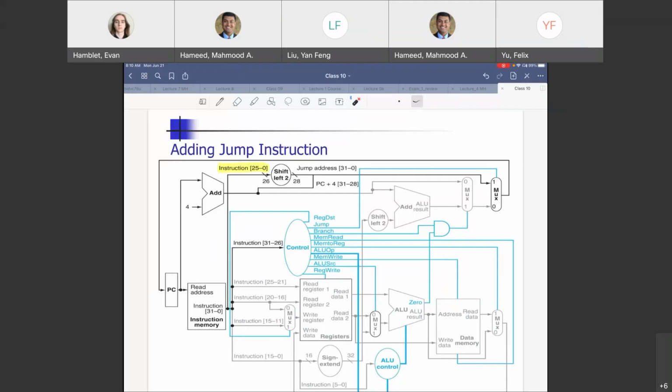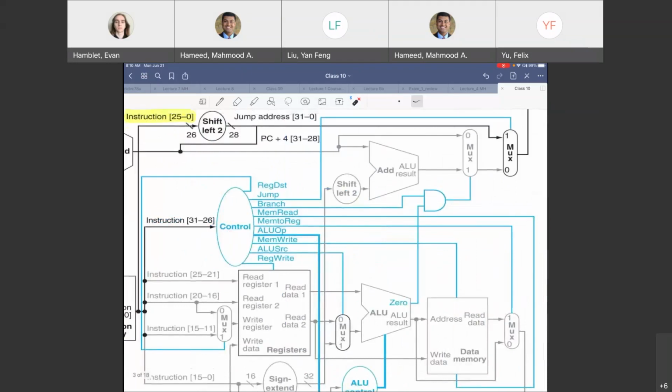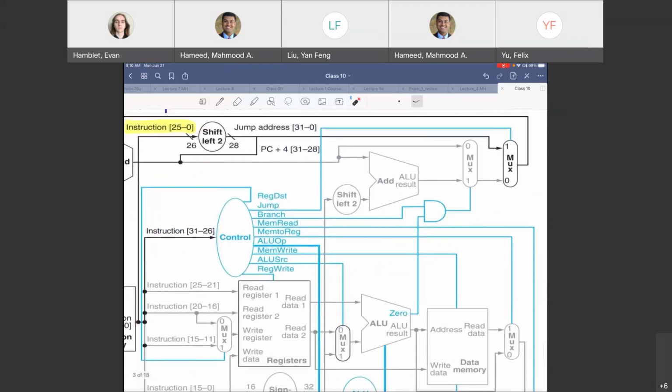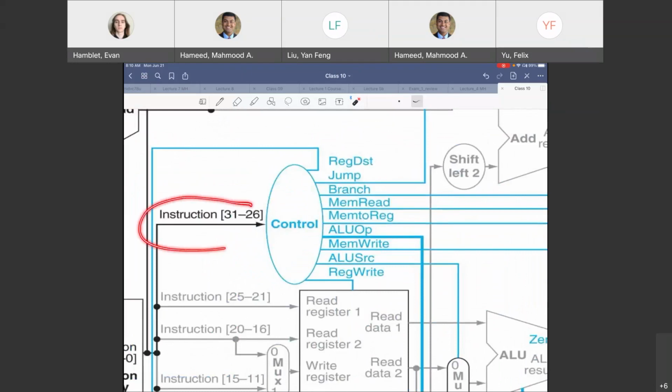Now let's talk about this. Let's talk about the control that we can add to support jump instruction. You see, the 6 most significant bits of the instruction, what are they? They are opcode field. Can I say that?